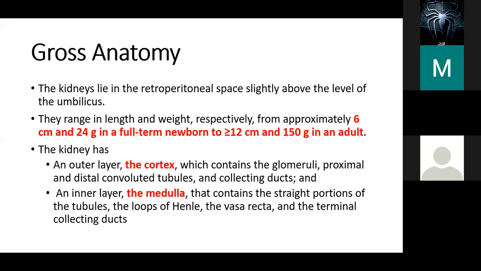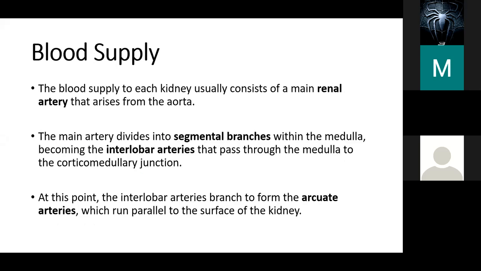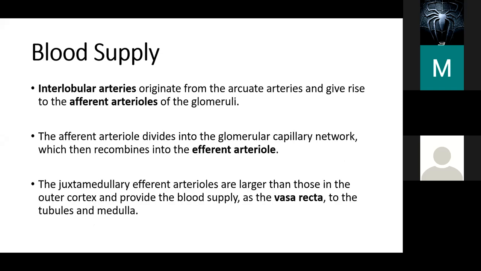And you know that it has an outer layer, which is the cortex, then the inner layer is the medulla. When you take the blood supply, you have the main renal artery, and then it branches into segmental arteries, interlobar arteries, arcuate arteries, and interlobular arteries. And this is what gives rise to the afferent arteriole of the glomeruli.